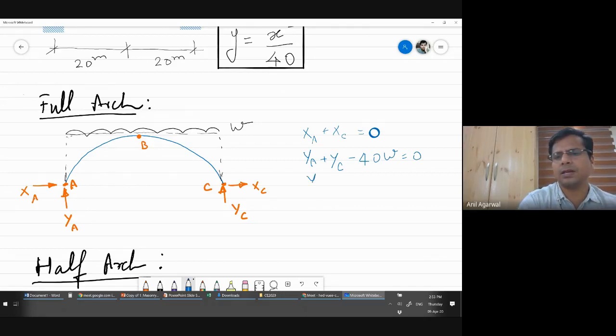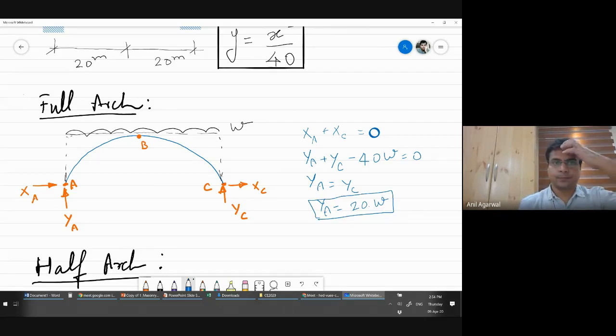So YA is equal to YC, because this is a symmetric structure. So the two reactions should be the same. So if that is the case, I can know what is YA. YA is equal to YC. So 2YA is equal to 40W. So YA is equal to 20 times W. Okay. Is that okay?